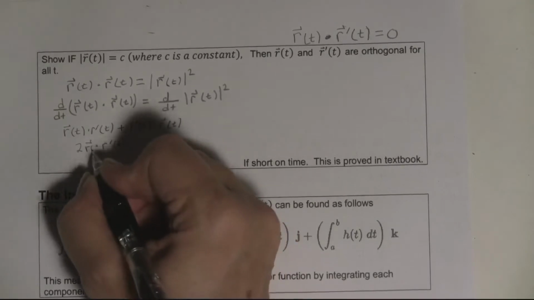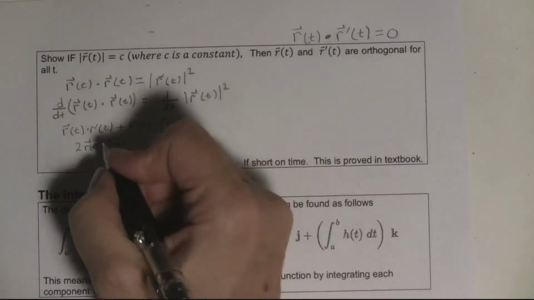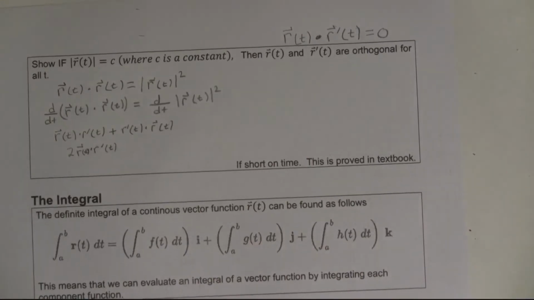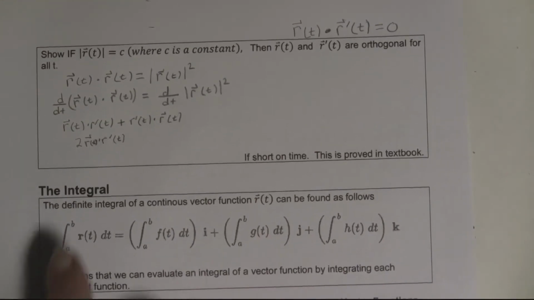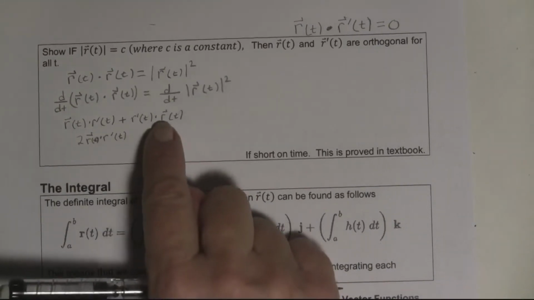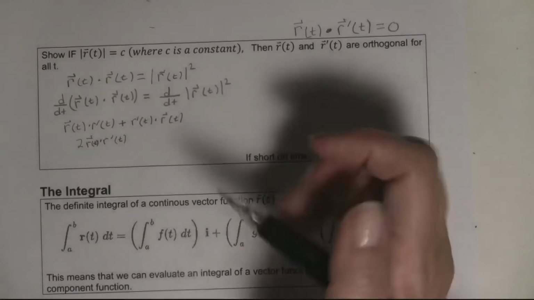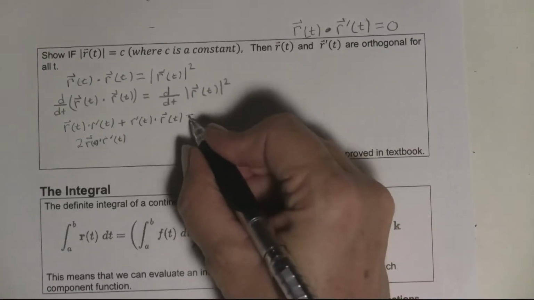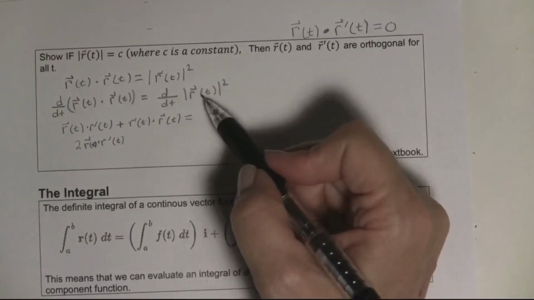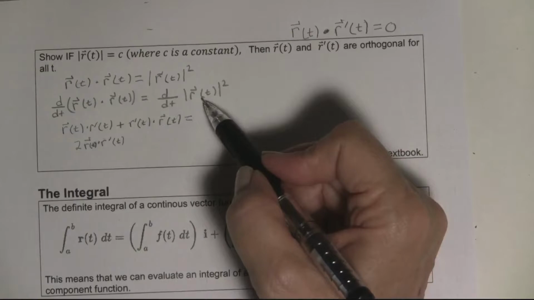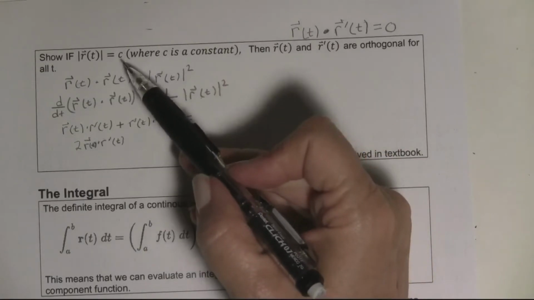I have some of them with t's and that one without a t, but I'm going to sneak a t in there. So I have this one and that one, and they're equivalent to one another. On this side over here, we were told that r at t was a constant, remember?